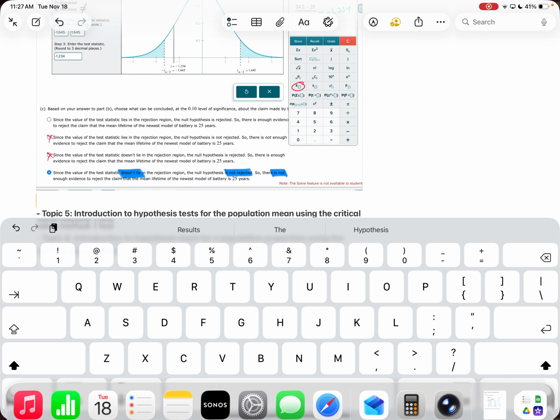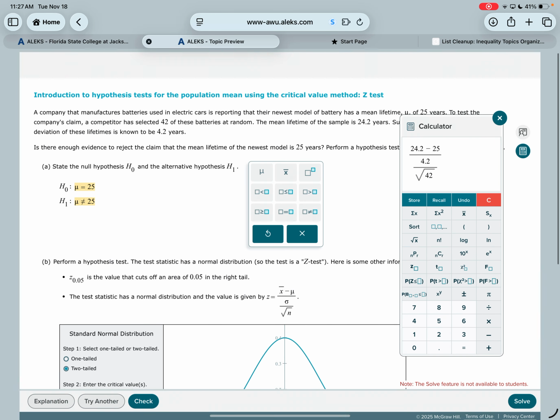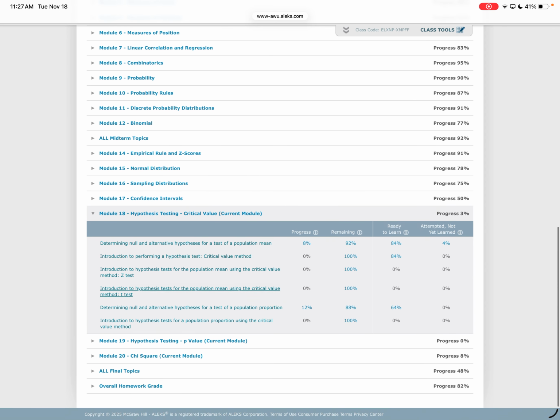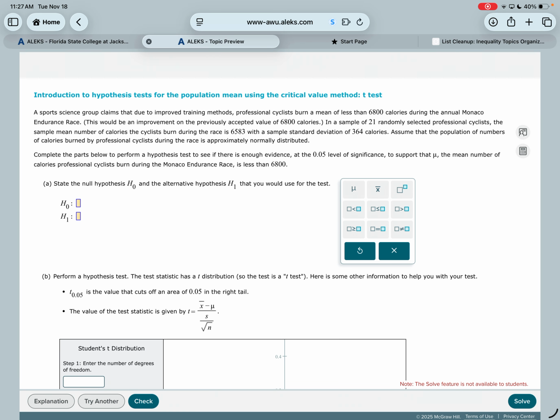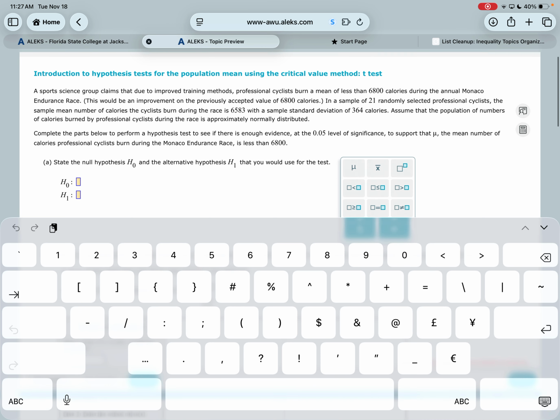Let's do this real quick. Did I do these backwards? No. It does lie in the rejection region, so it is rejected, and there is evidence to support.